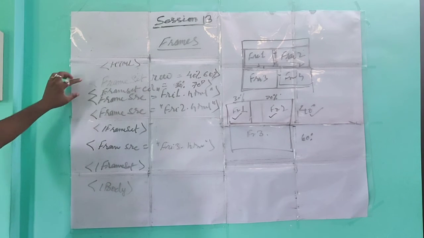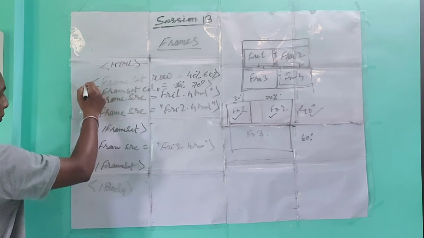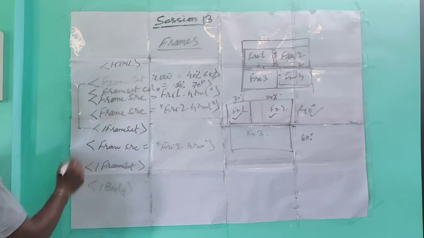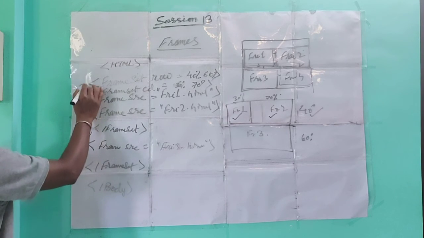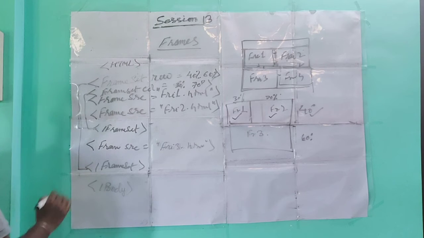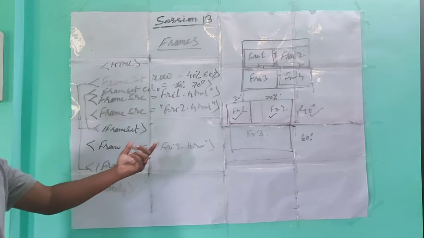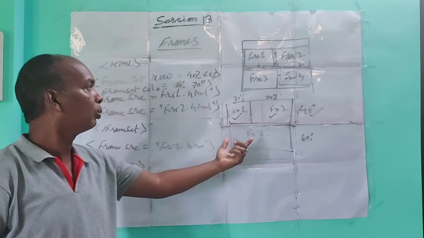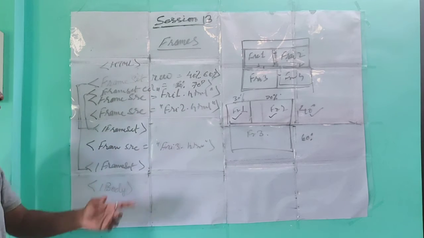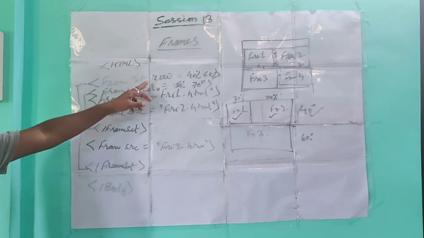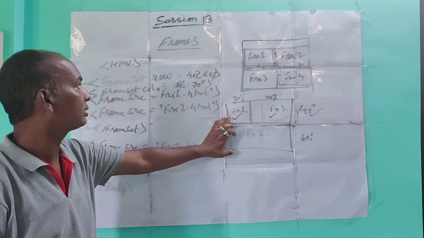However many framesets you open, you have to close that many. One closing frameset closes one frameset, and the second closing frameset closes the second one. So this is the program to create three web pages in a single screen. Frameset rows divides the screen into two parts, 40% and 60%.